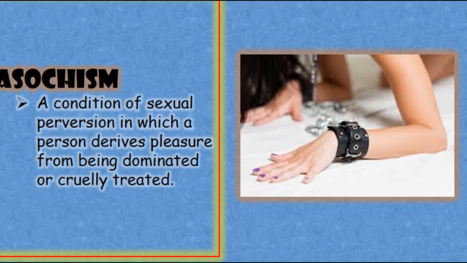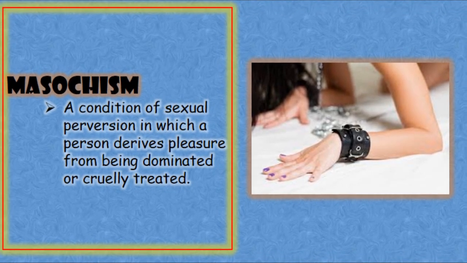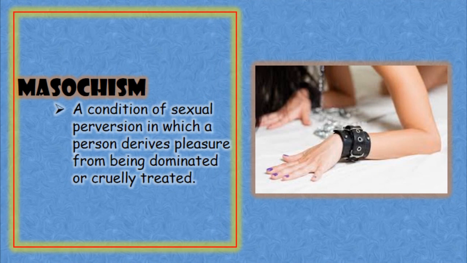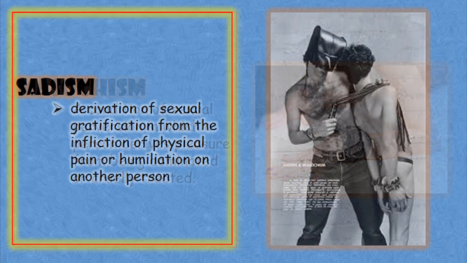So, yung sexual perversion deriving pleasure when being dominated habang sinasaktan siya ng partner niya. Kung ano-ano yung ginagawa ng partner niya na nakakasakit, kabaliktaran yung nararamdaman niya. Gustong-gusto niya or masaya siya pag ganun yung ginagawa ng partner niya. Kabaliktaran naman dito ay ang sadism.